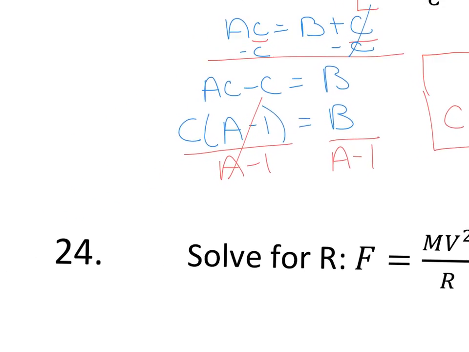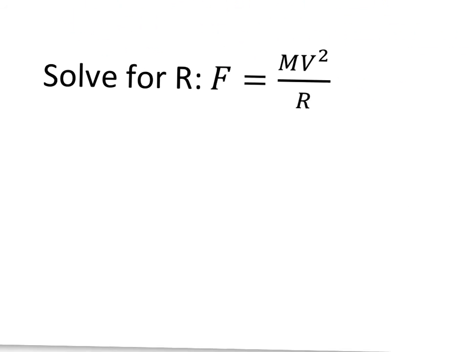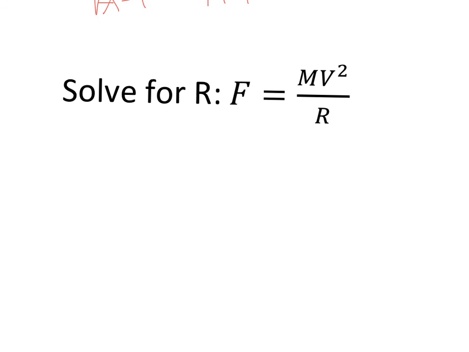Number 24 is another literal equation, but this is a little bit easier because it doesn't have any pluses or minuses, so you can treat this like a proportion. If you just put this as F over 1, we talked about this earlier, with the proportions, this will equal this.